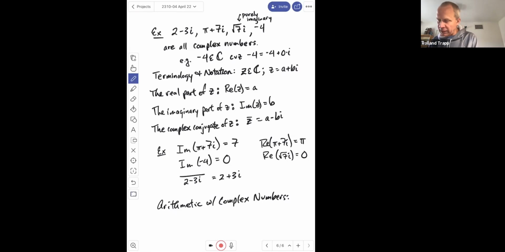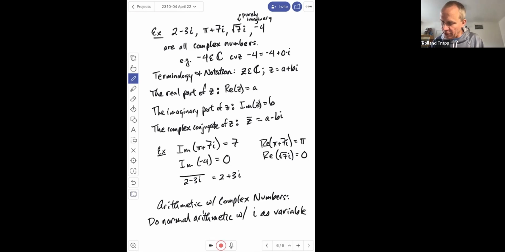So arithmetic with complex numbers, the overarching thing to remember is you do normal arithmetic thinking of i as a variable, and then remembering that i squared is -1. So you treat it just like you would an x, right?